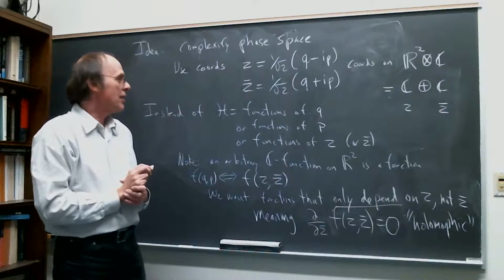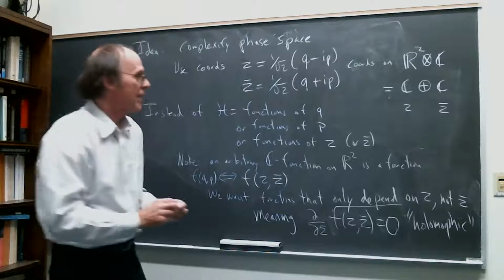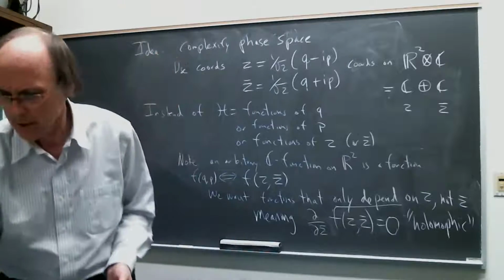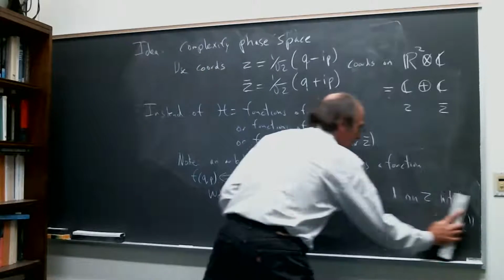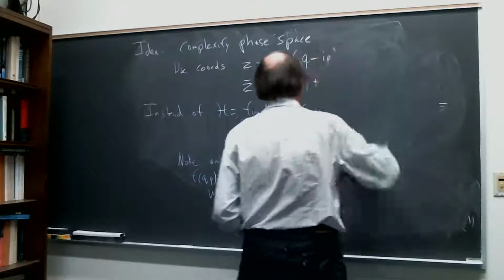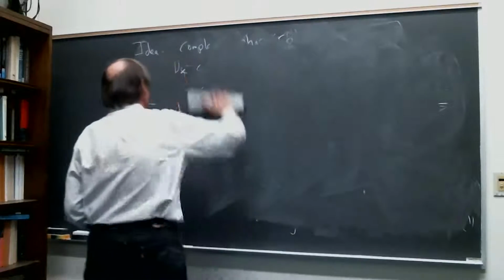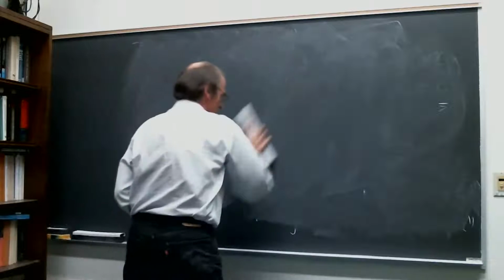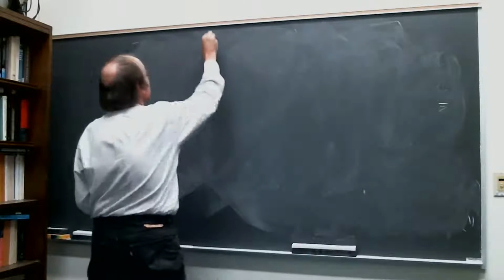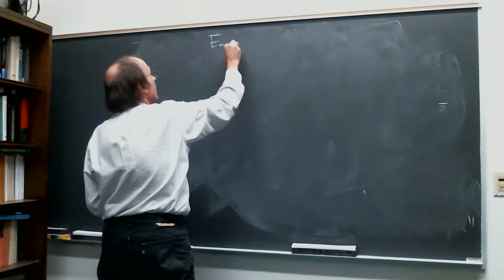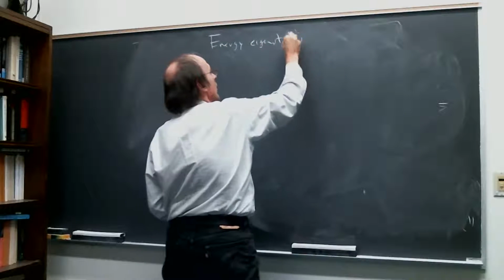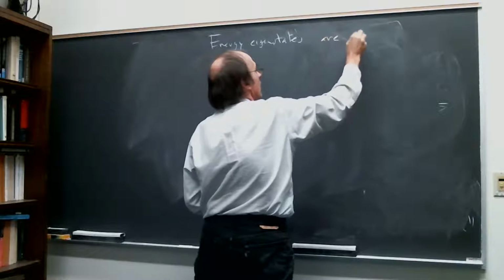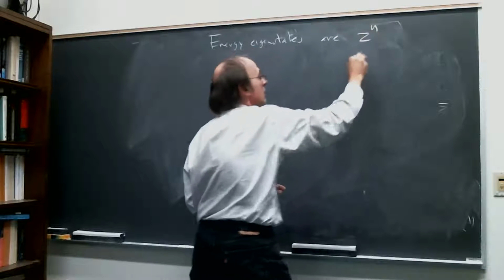No, the energy. So maybe the energy. Let me see. Was this the next thing I was going to say here? Well, maybe in a minute. Let me just say, the energy eigenstates of your harmonic oscillator are Z to the n.